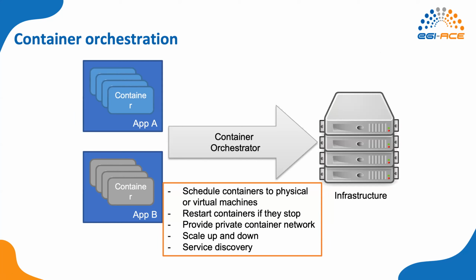It will take the containers, put them in the hosts that you have available for running, take care that they are always running and restart them if needed, and provide the network between the different containers so they can communicate. It can scale up and scale down the number of containers that you're using, depending on some policies that you can define. And it will also allow you to discover where the different pieces of the application are located.